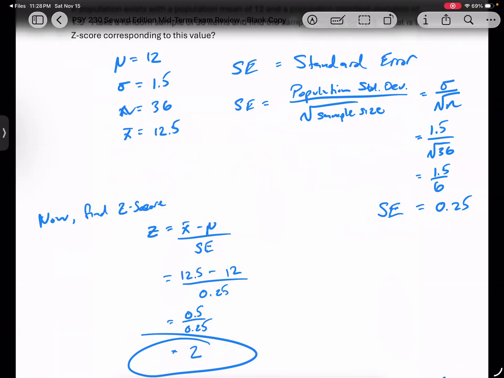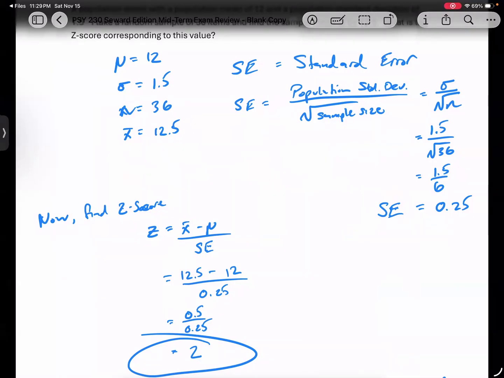Again, I want to just clarify the standard error tells us how much the sample mean usually varies from the population mean. So we're looking for that variance. And the sample mean will vary by 0.25 from our problem. And that's how we were able to find the z-score of 2. What does that mean?